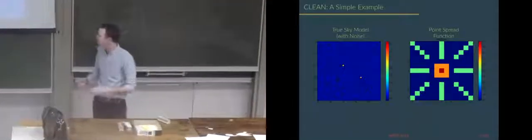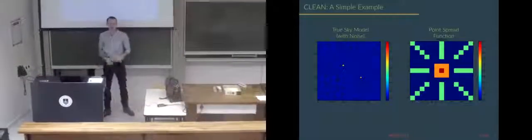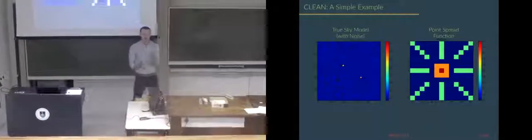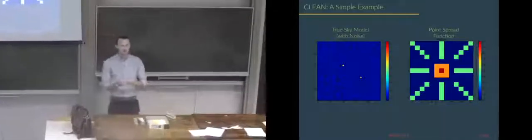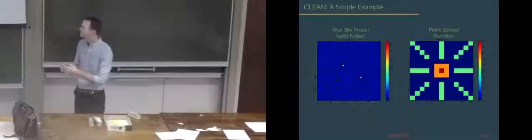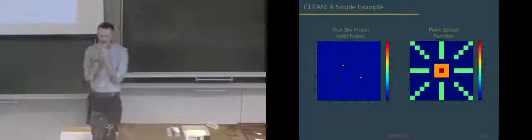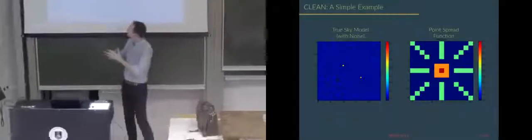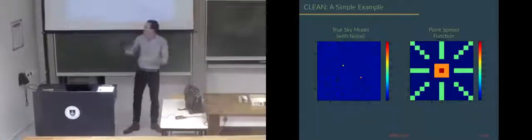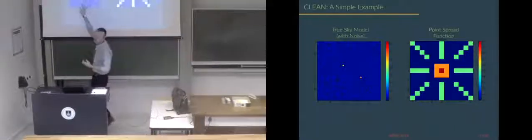Maybe you've heard of this. Any patch of sky you look at, you might see some bright sources, but then there's some noise in the background, some fundamental noise because there's other sources back there that are just too weak to resolve. But they're all kind of back there hidden away. Maybe you don't have enough resolution to separate those out. So there's some noise floor, and then you have some bright sources usually.